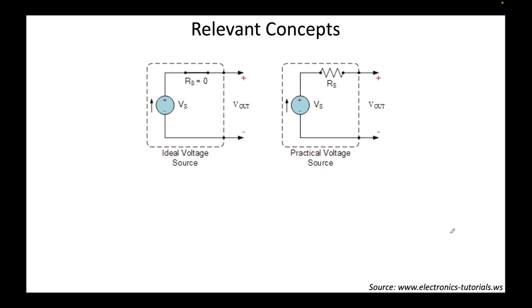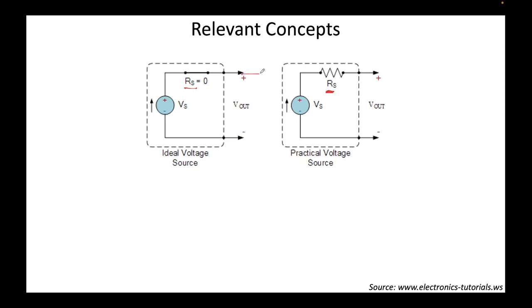On the left, we have an ideal voltage source with zero internal resistance. On the right, however, we have a practical voltage source with some finite non-zero internal resistance.